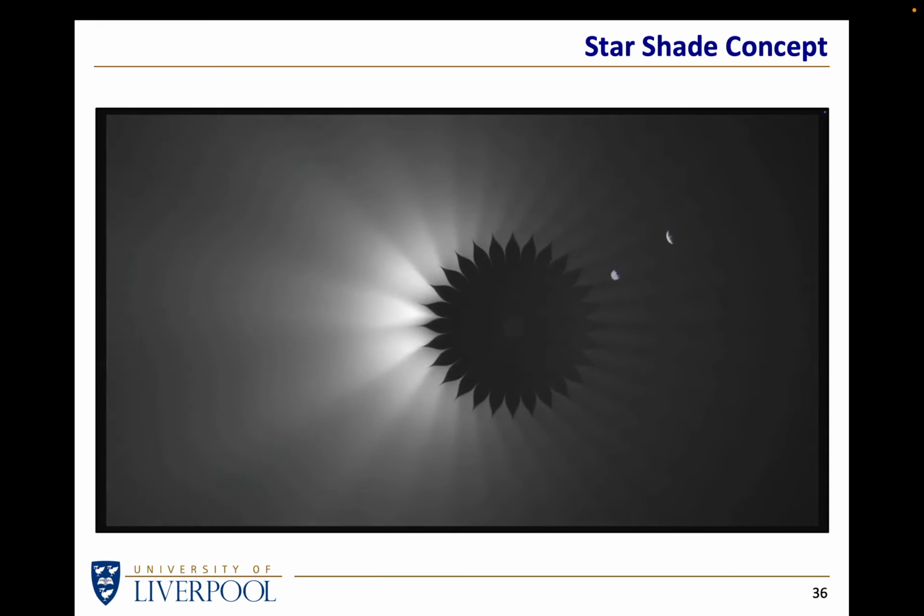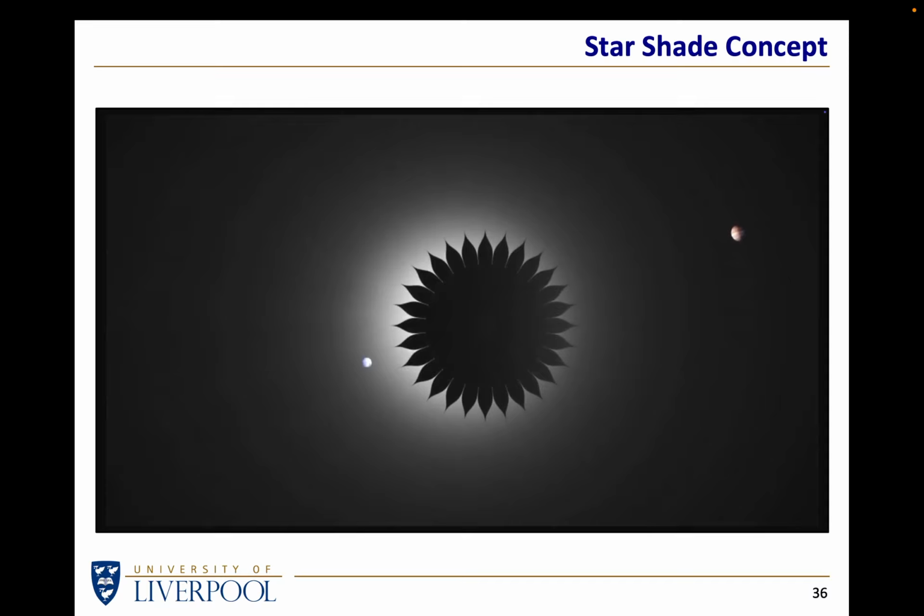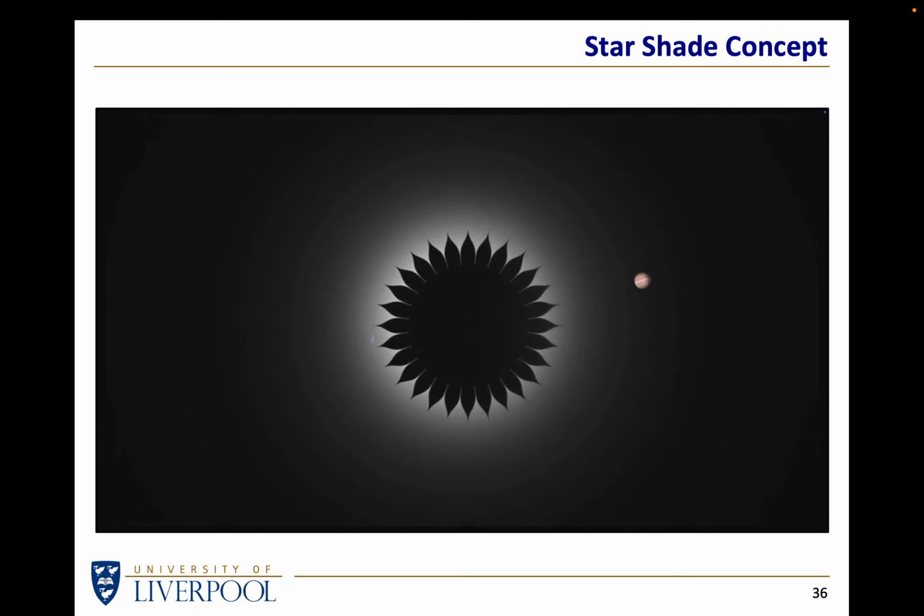And when it does that, hopefully it'll then be possible to see any planets which are going round that very distant star. Yes, it'll take incredible choreography to get a spacecraft and a star shade in exactly the right place to block the light from a star to then see the planets.